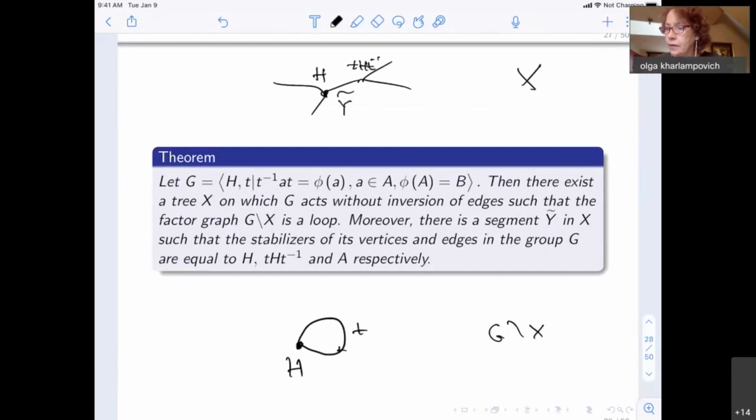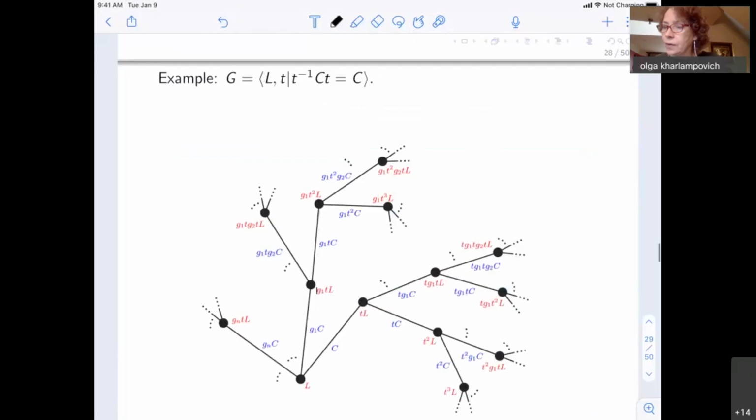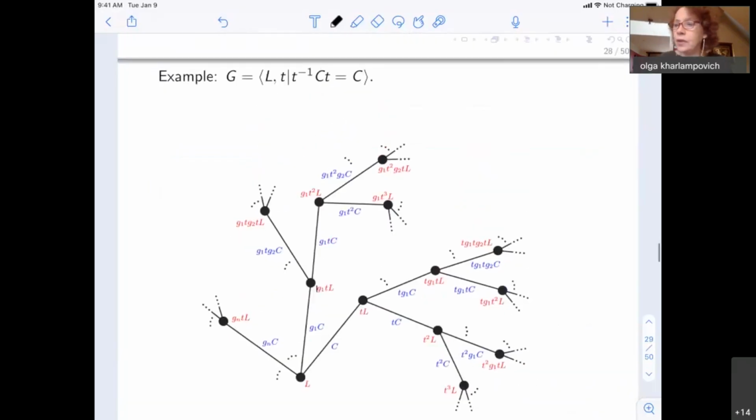And this is an example. Suppose we just take a group, instead of H, we take L, and A and B are the same. So basically this just says that the element T, this new letter T, commutes with the subgroup C. Then the tree looks like this.